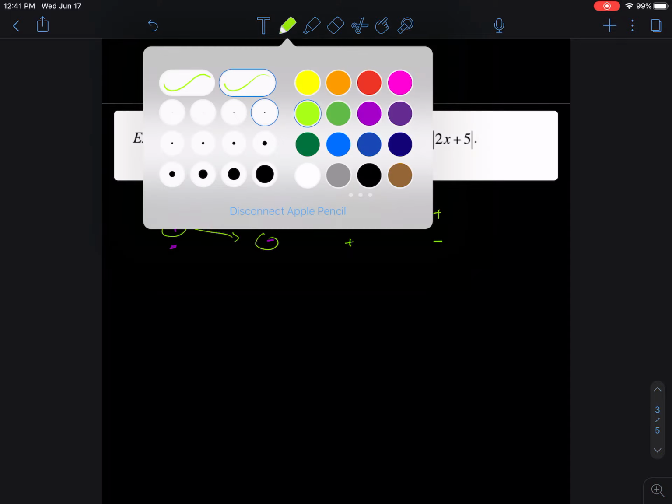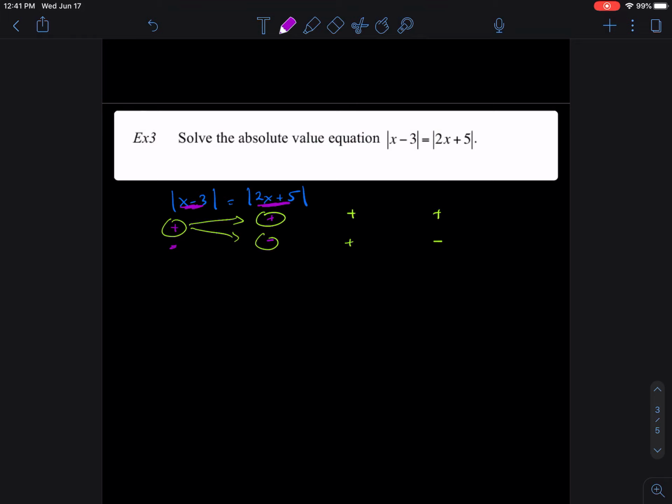Or if we go the other way, the right side can be positive and the left side can be positive. And then, oh no, let's go to negative, sorry. Now let's look at the negative side. If the left side value can be negative, it can be positive there and negative there. So we say negative on the left, positive on the right, negative on the left, and negative on the right.